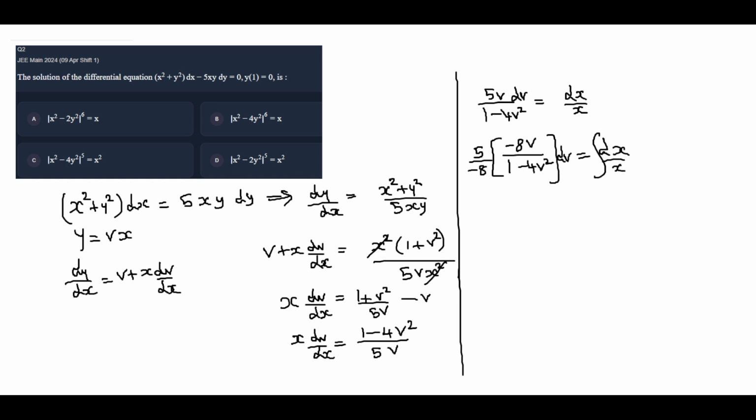Now integrating on both sides, minus 5 by 8 log of (1 minus 4v square), because if you differentiate the denominator you get the numerator, is equal to log x plus log c.